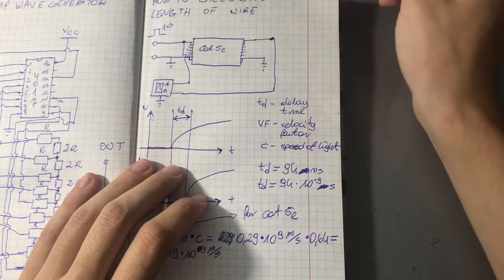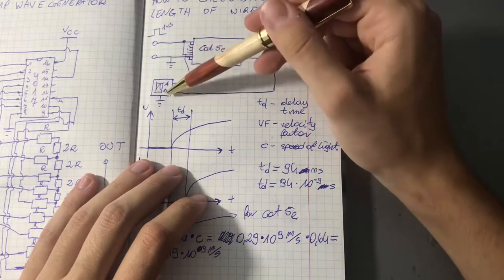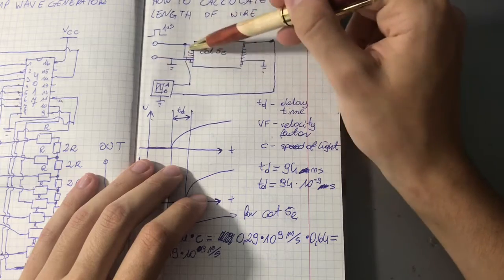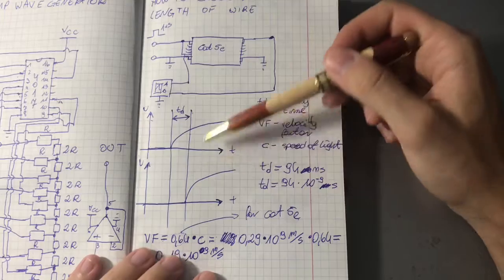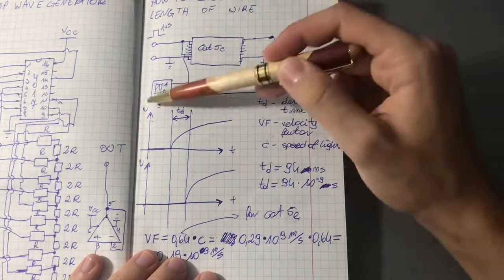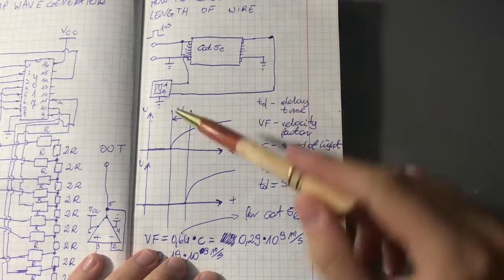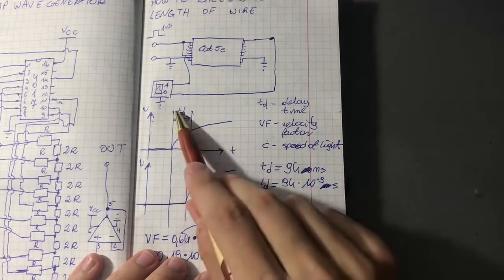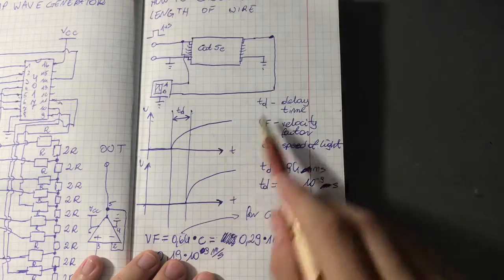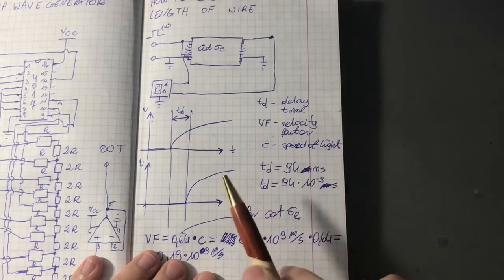Channel A, or channel 1 in my case, is connected to the input, and then we connect channel 2 to the output. So here we basically have what we saw, which is a voltage over time graph, and here we have the input impulse and output impulse. Here we have the delay in between, which we will call TD, which is the delay time.